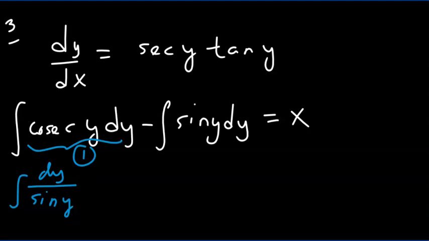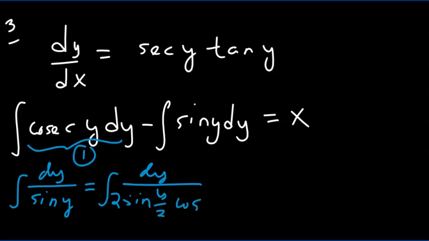That's what it is essentially. We can reduce this into the following form: dy, using a trigonometric identity, over sine y over 2 cosine y over 2, which we can rewrite or rearrange in the following form.